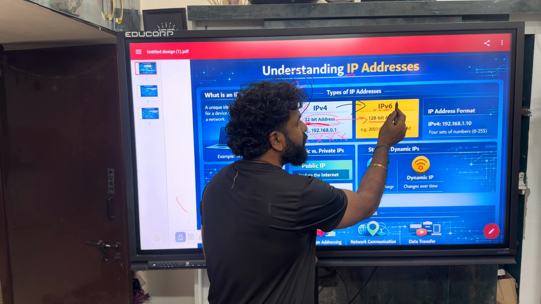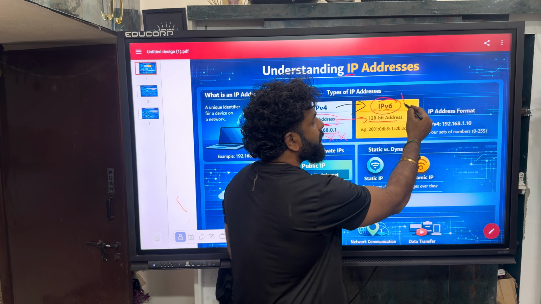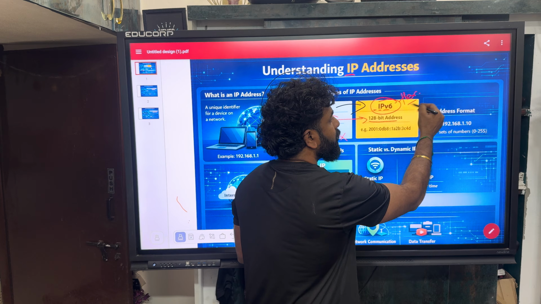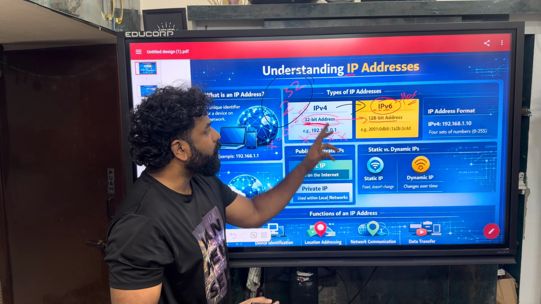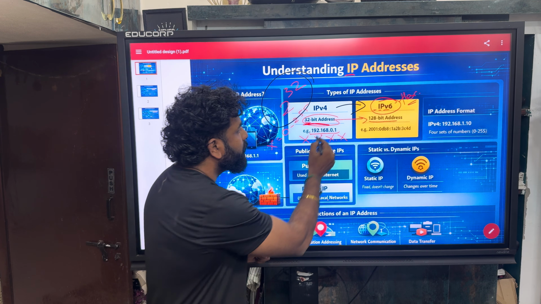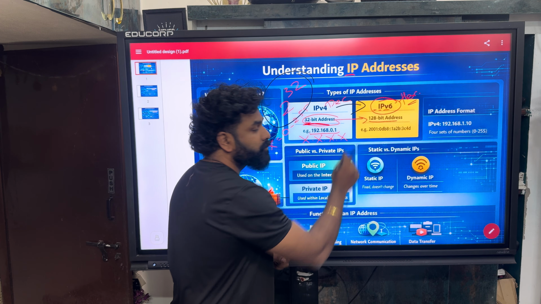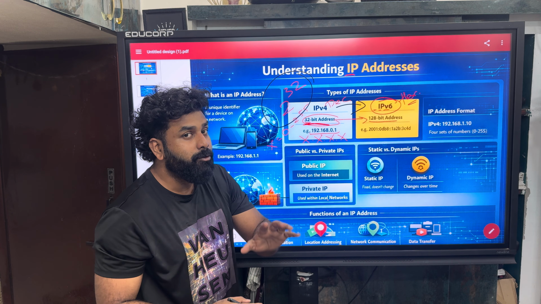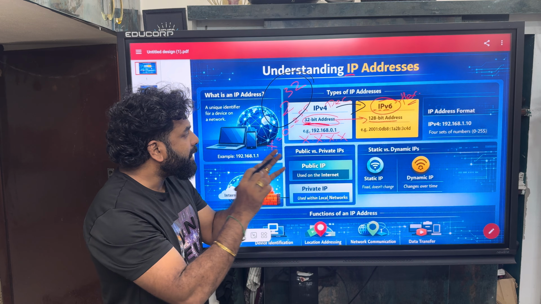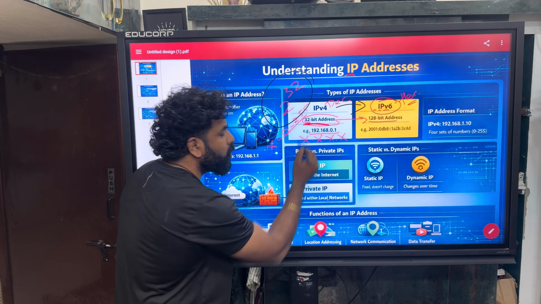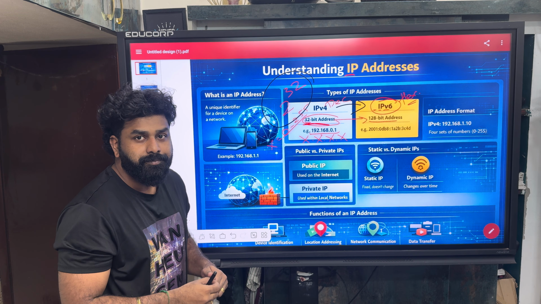Now your IPv6 is made up of hexadecimal numbers. Remember, your IPv4 is made up of decimal numbers, and decimal here means 0 to 255.